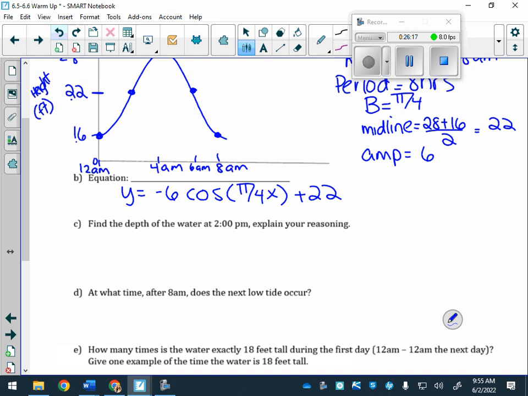Good. Can't we also, if t equals 14, use our equation as well? You could. Okay. At what time after 8 a.m. does the next low tide occur? Yeah, Kaden. 4 p.m. Good. Excellent.